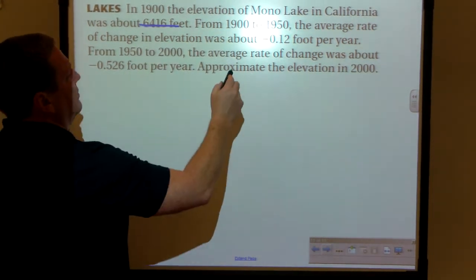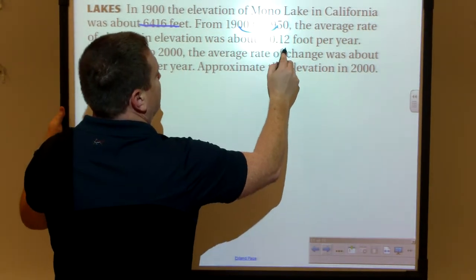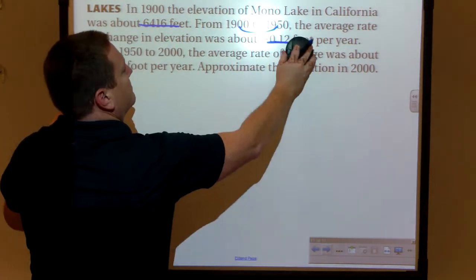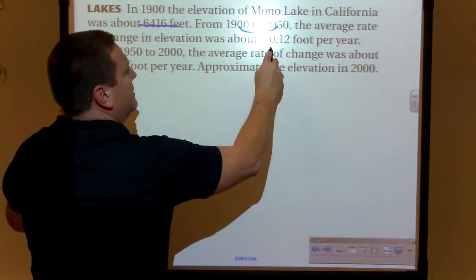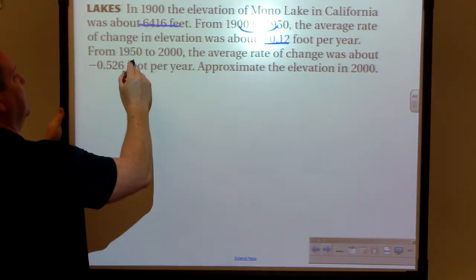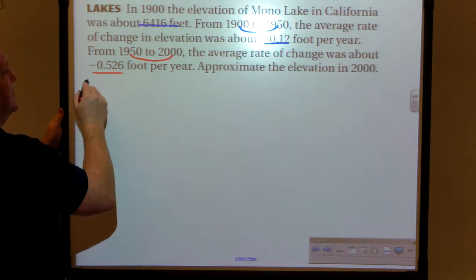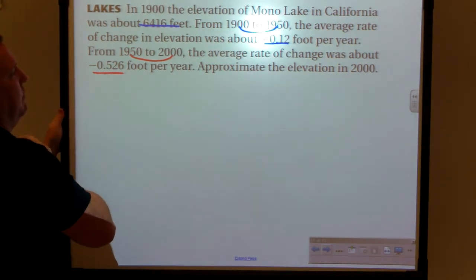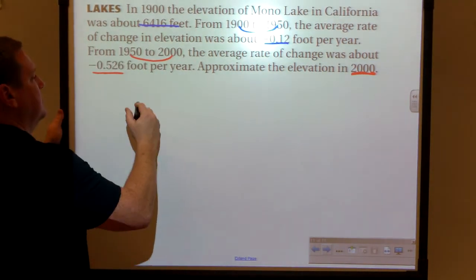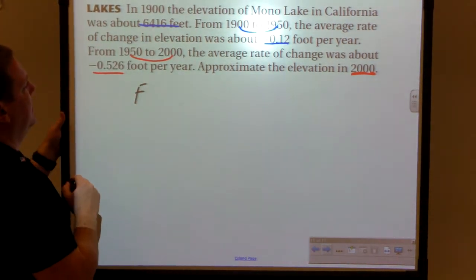Here's our starting value. We do have a rate of change from 1900 to 1950, and we have another rate of change from 1950 to 2000, which is different. And we want to know what our final elevation was over here. So we can set up a little equation here.